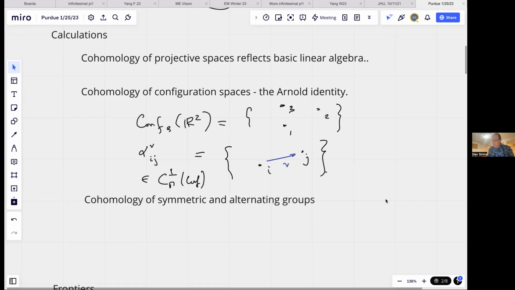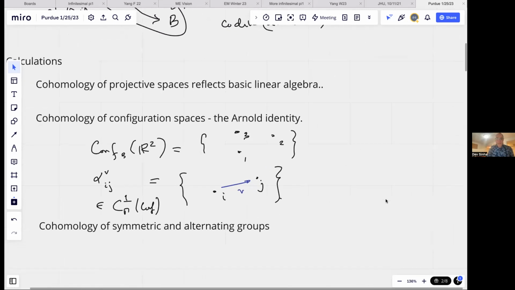And you can show that they're independent of v. So you have your favorite v, I have my favorite v. They're going to represent the same cohomology class. And then you have this relation that everybody knows, but maybe the proofs are a little clever.